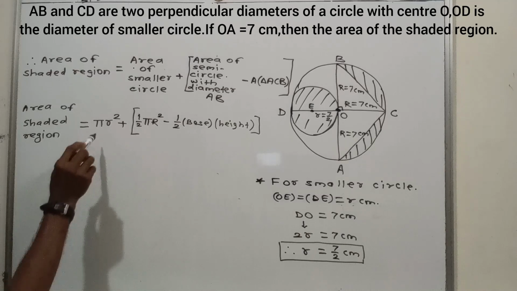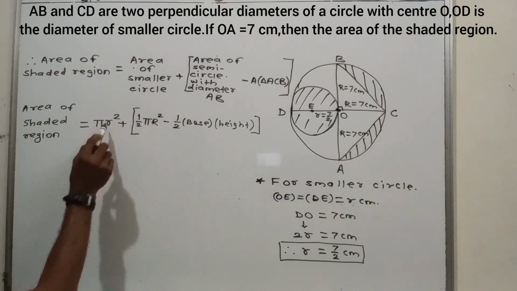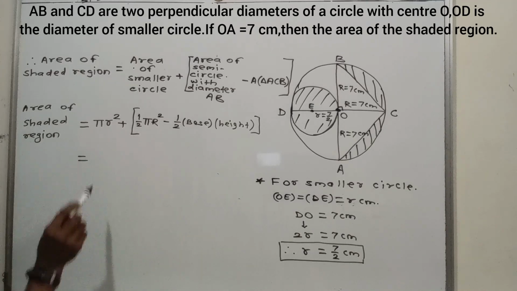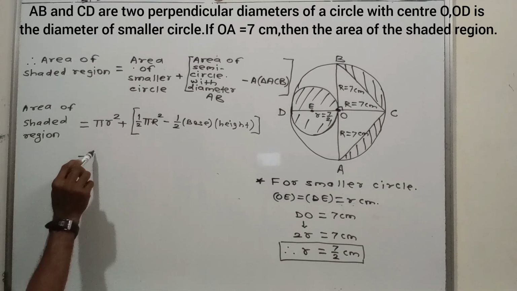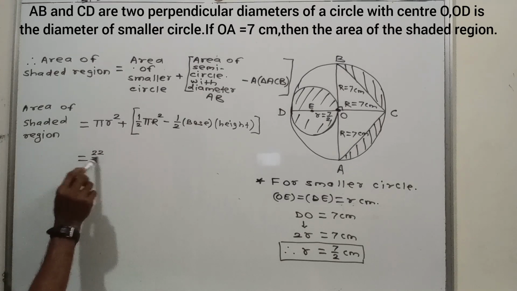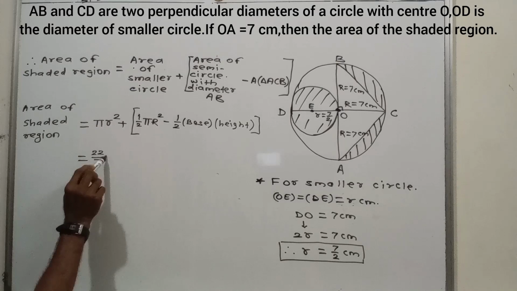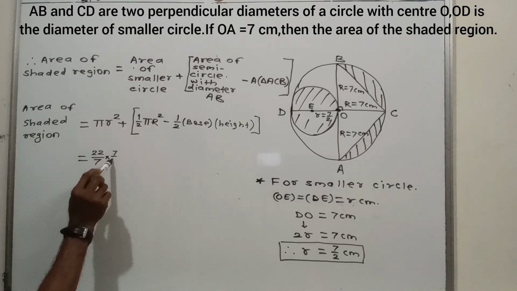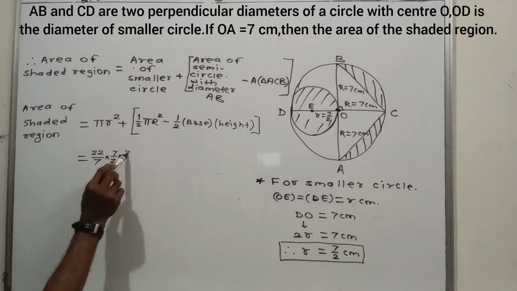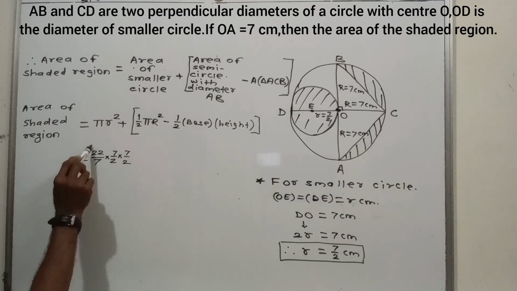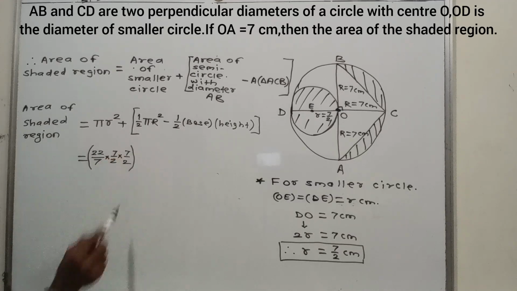So this is our formula. What is the value of pi? We write 22/7 into 7/2 into 7/2.